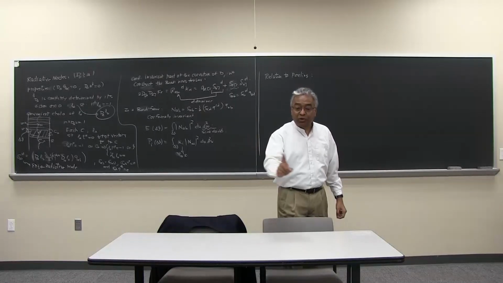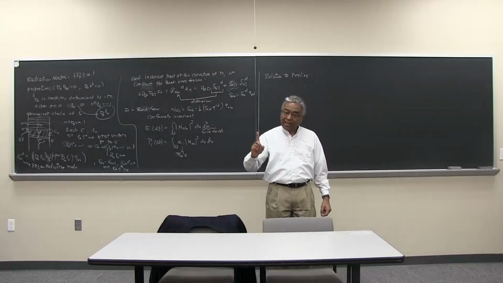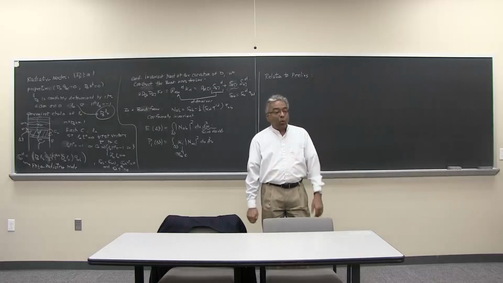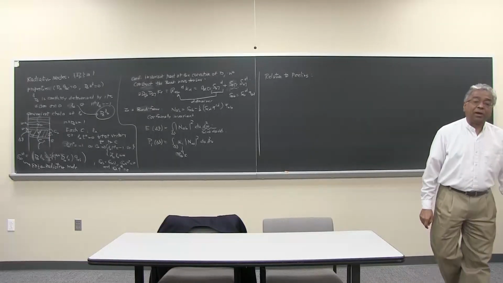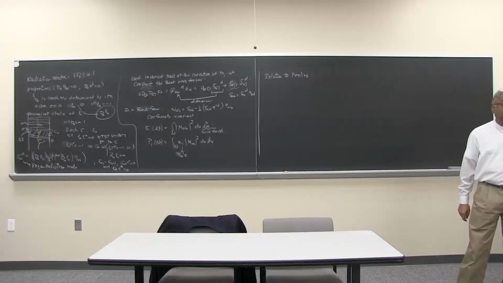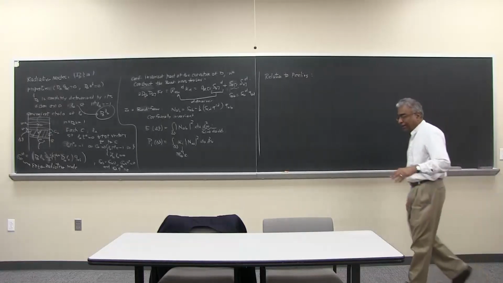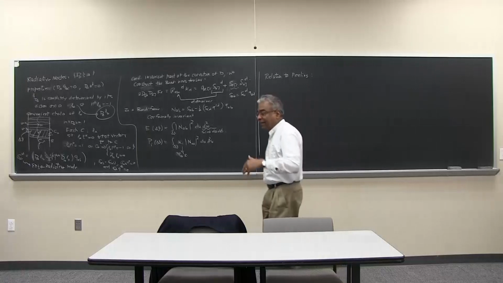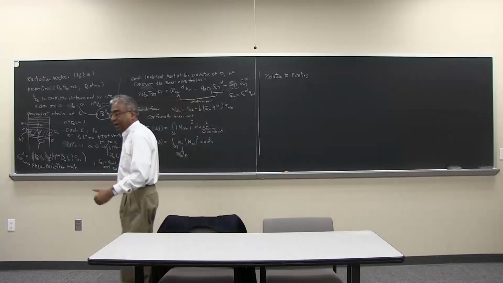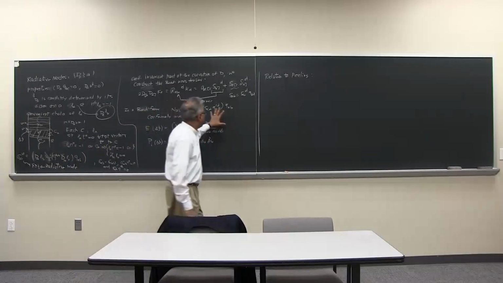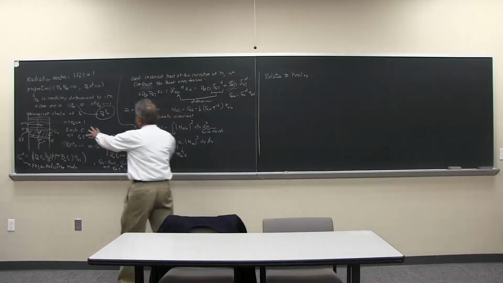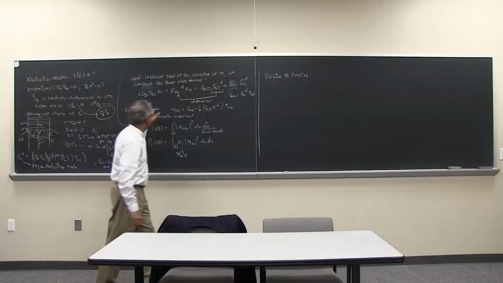And because scri has the topology of a 2-sphere, we had a peeling which said that psi 4 falls off like 1 upon r, psi 3 falls like 1 upon r squared, psi 2 falls like 1 upon r cubed, and so on. We had seen it. And now what we would like to know is what is the relation between these derivative operators and the Weyl tensor.